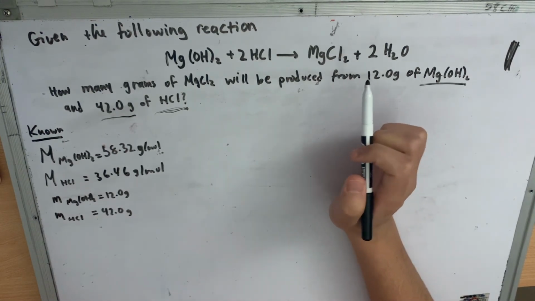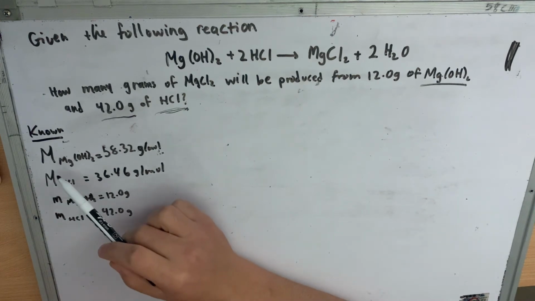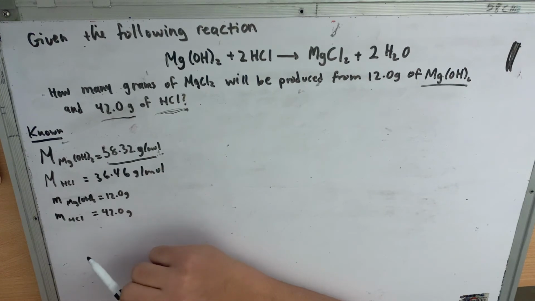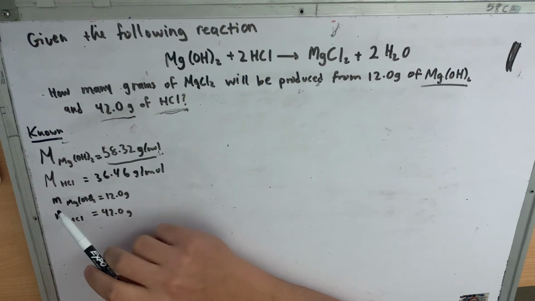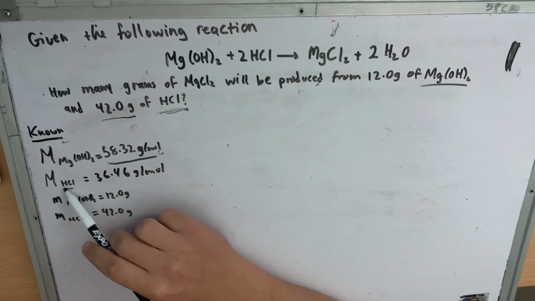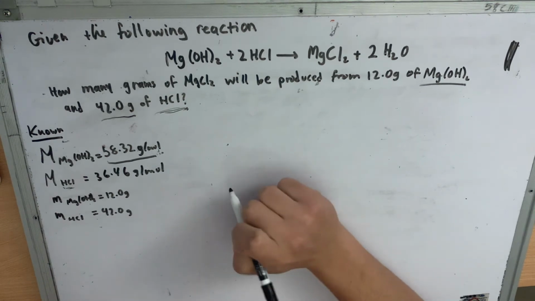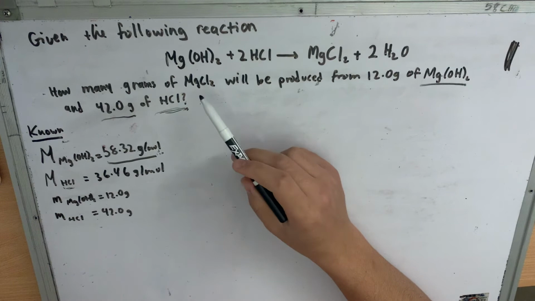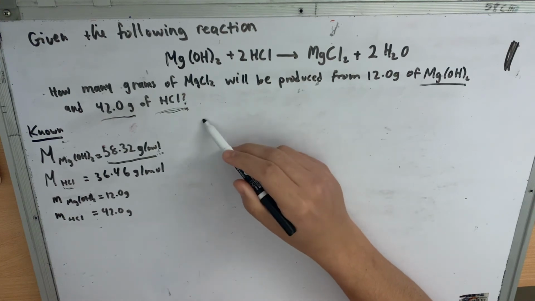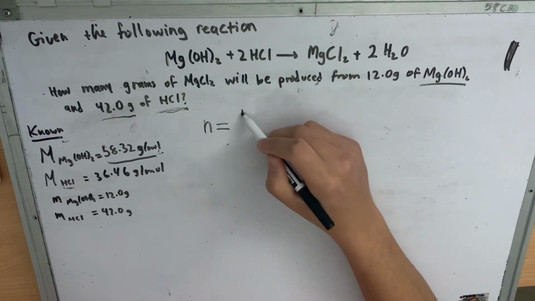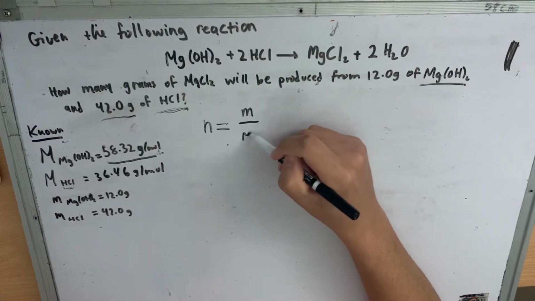So let's first list our knowns. We have the molar mass of magnesium hydroxide, which is 58.32 grams per mole, and the molar mass of HCl, 36.46, and we have the mass of both of them right over here. Let's first calculate the moles for MgOH2. The moles is equal to the mass over the molar mass.